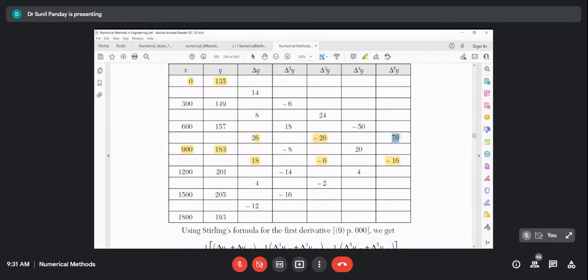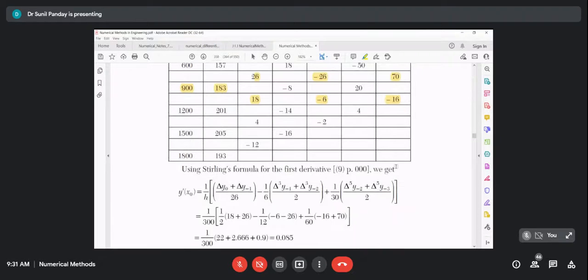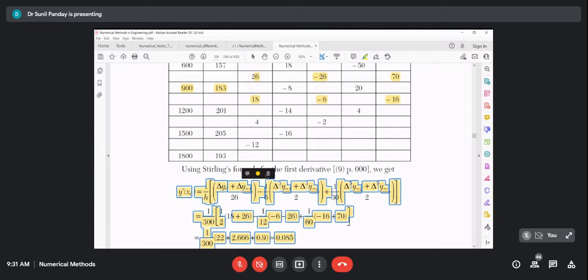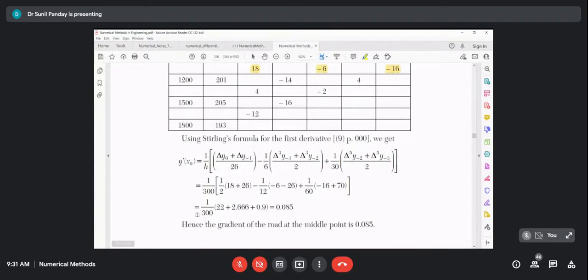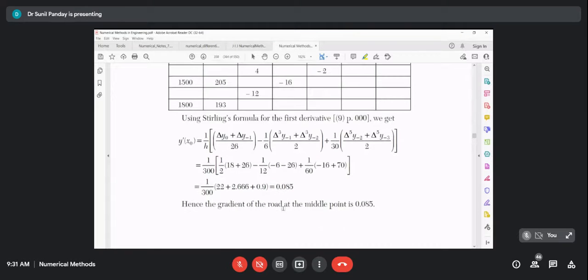These values are required in the derivative formula. So the middle columns we have to skip, and then we substitute the values and get the derivative at the middle point.